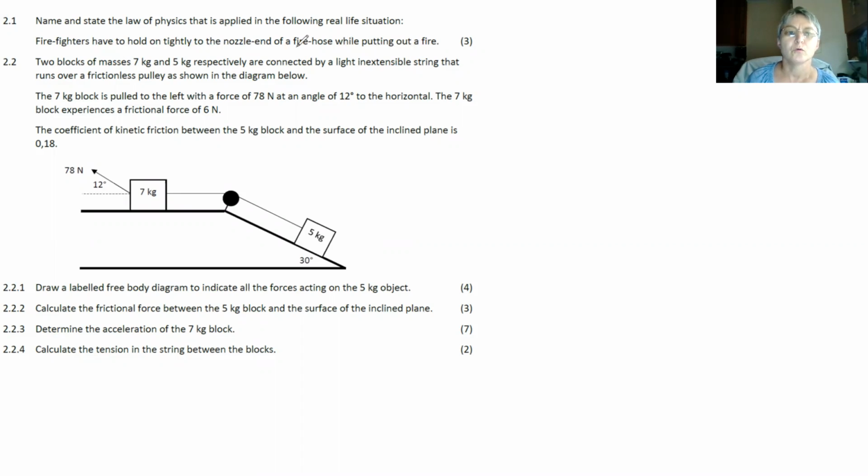So the water exerts an action force on the hose. So the firefighters are exerting the reaction force.